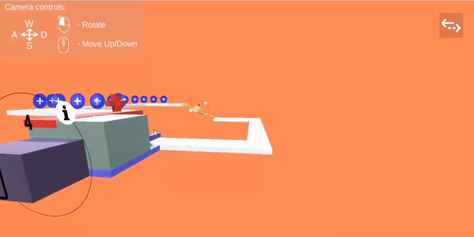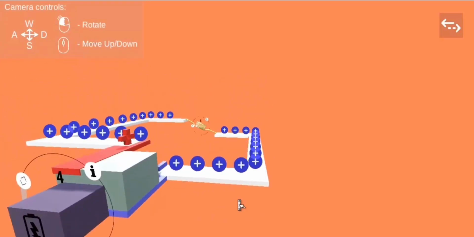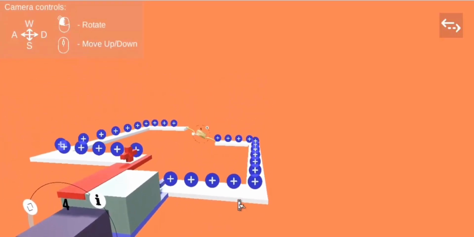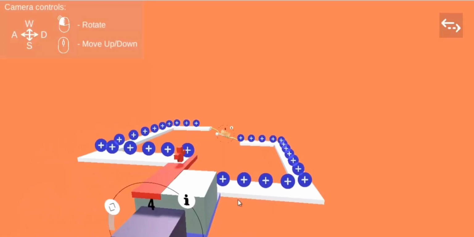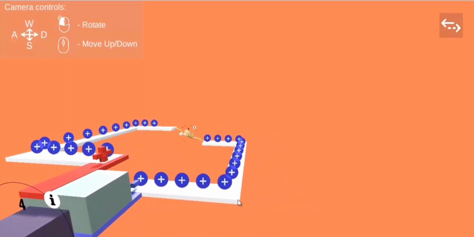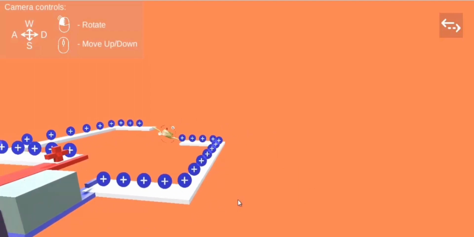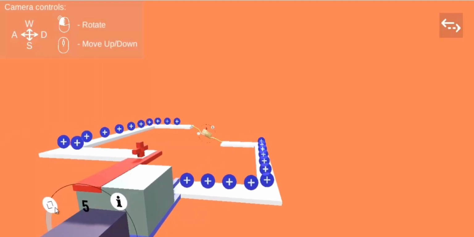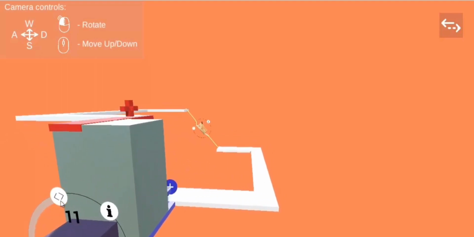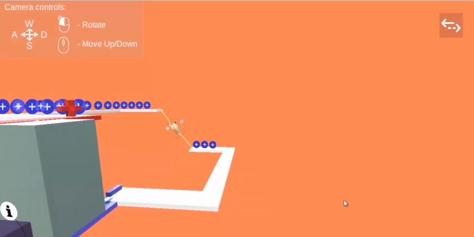And if I increased this, I start seeing the charge is flowing, right? We have the charge going from the positive to the negative terminal, and we have seen that the height has increased. Let us again increase the voltage further on, and you see that the height is increased.